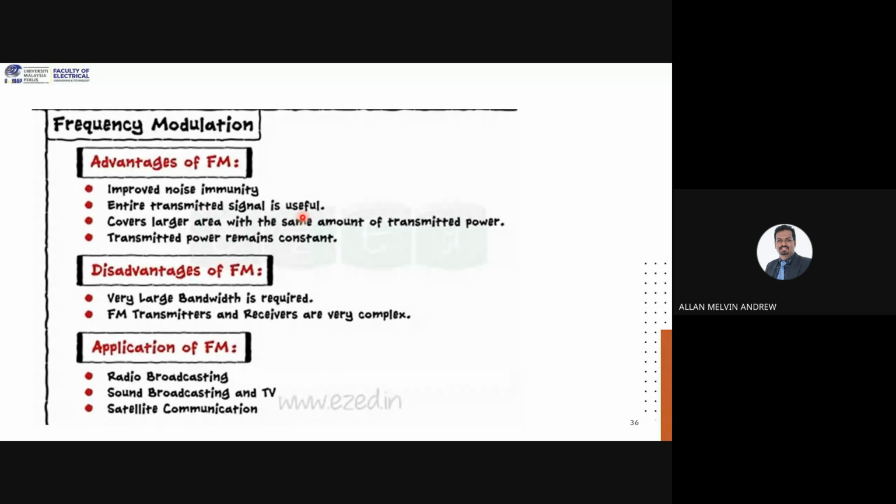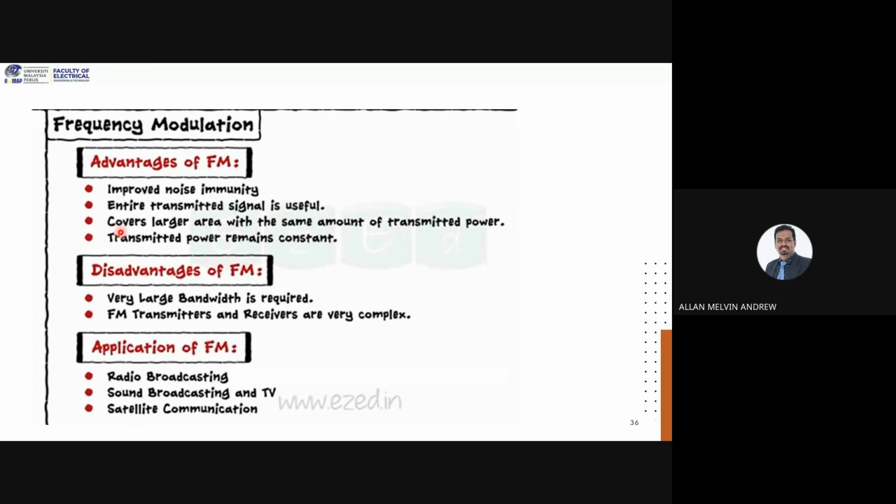But when you maintain the amplitude and vary the frequency, you can send different signals at different frequency levels. So it makes the entire FM transmitted signal useful, because you can send a lot of things.